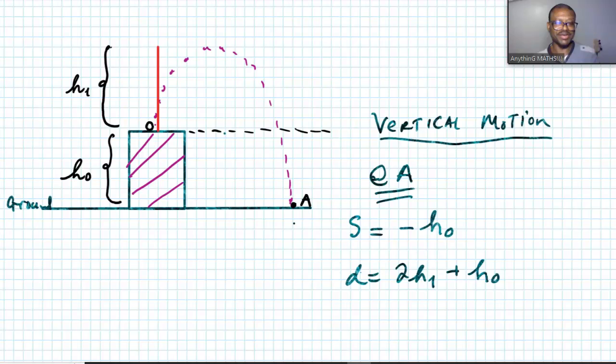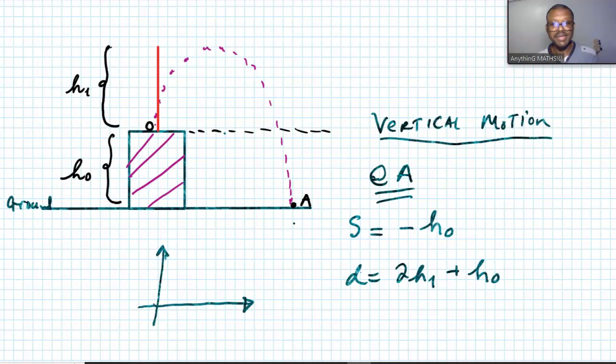I'm stressing it because I know most of the students get confused. We are dealing with vertical motion, looking at the flight of the ball in a vertical motion. We can also look at the horizontal motion, but we're not really concerned with that at this point in time.